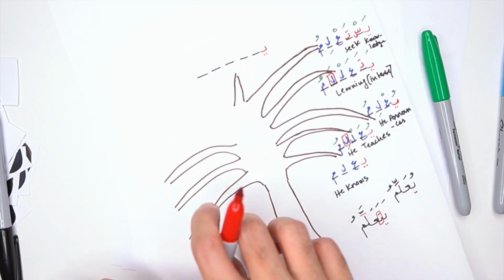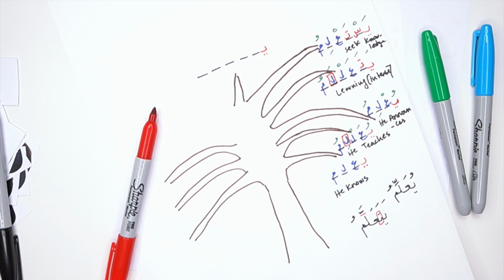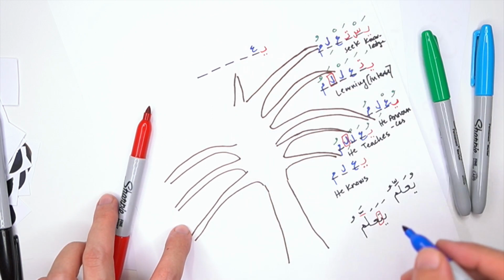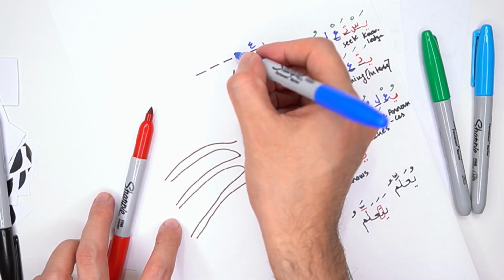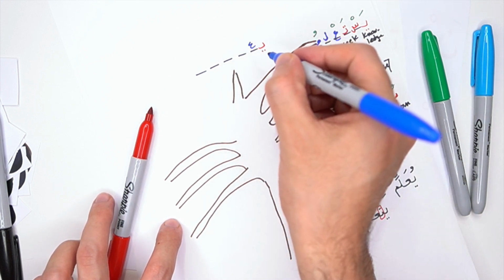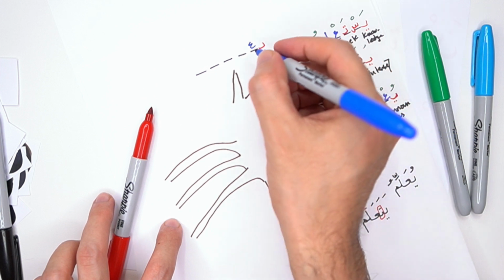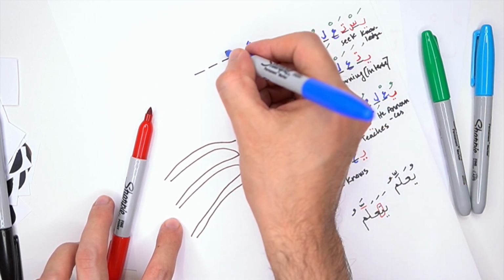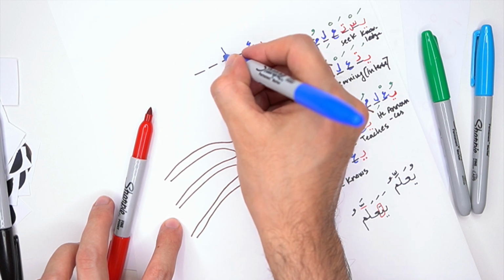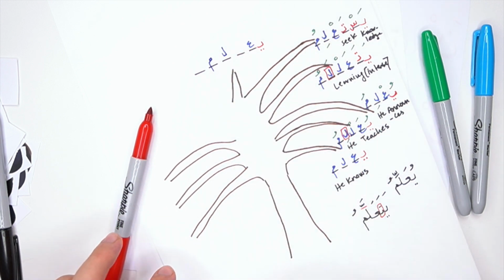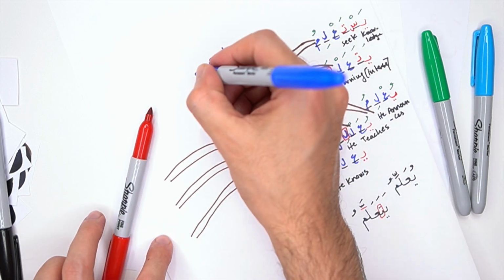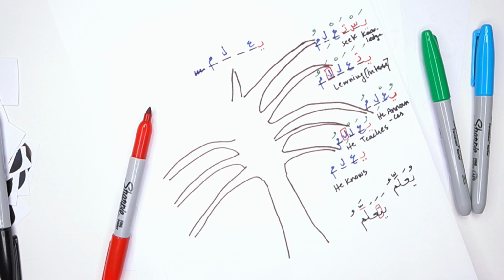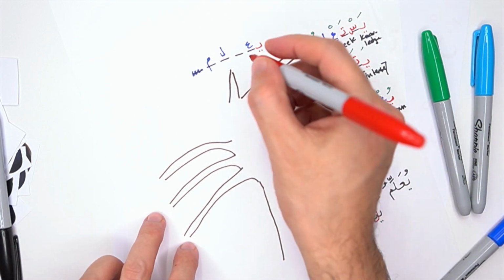Let me put in the proper root letters. You've got ain there. There's actually one extra one there, so I'll cross that one out. Ignore that one. So it's yu'alimu.